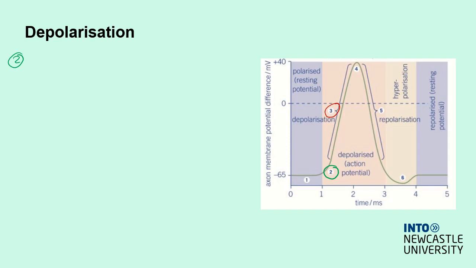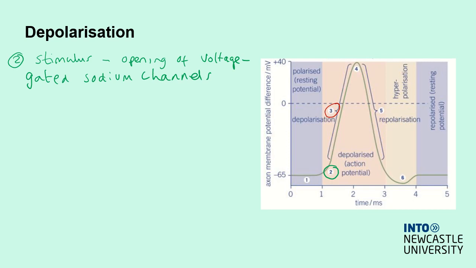If we start with the first part of it, there's been a stimulus saying we want to send a message, and this stimulates the opening of voltage gated sodium channels. So voltage gated sodium channels mean that sodium diffuses into the axon, and it's facilitated diffusion, so down its gradient.